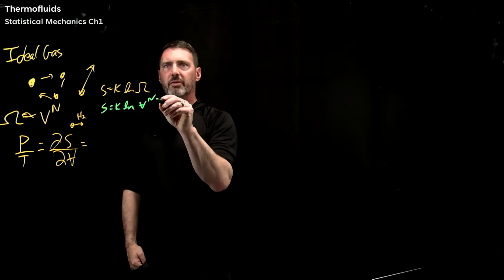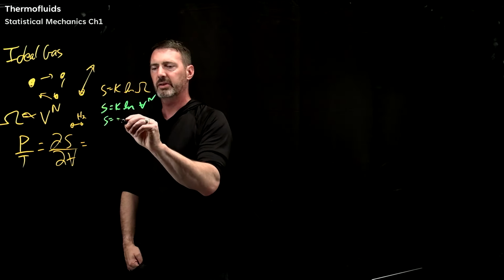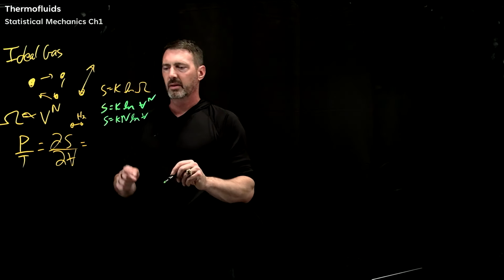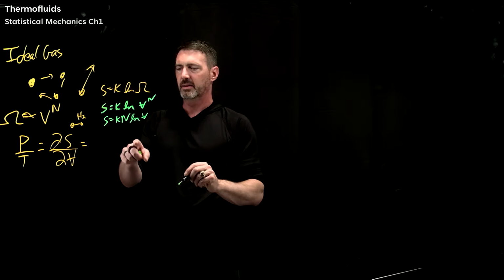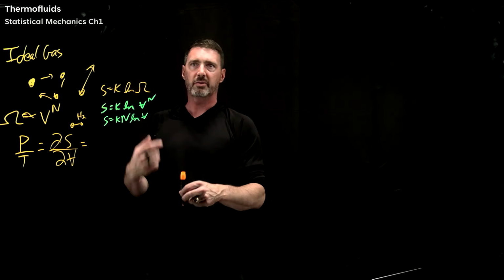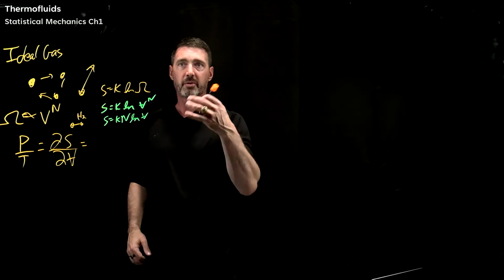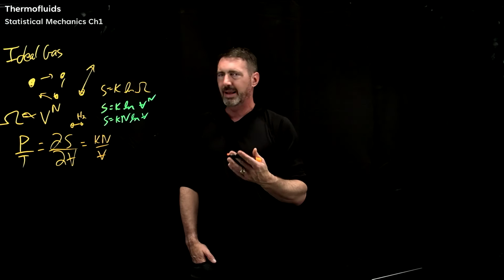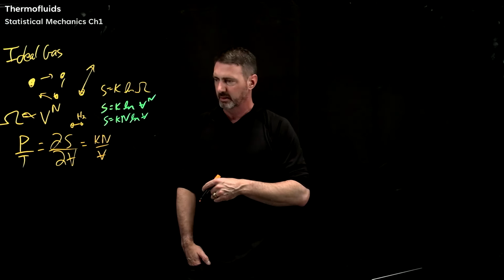Well, the property of natural log is that the N can come down, so this is actually KN natural log of V. And so dS/dV would just be that, the natural log becomes a 1 over V. So this is just KN over V, right?